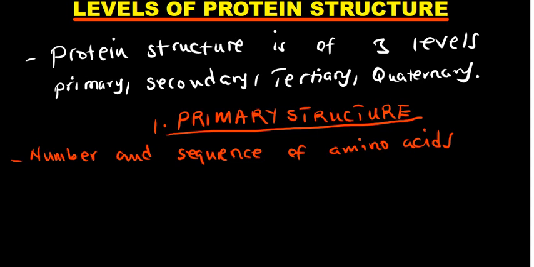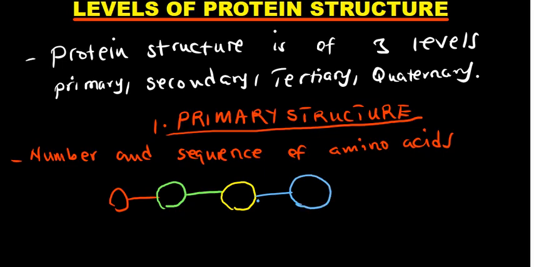So we can have this amino acid, then the next one is an amino acid, then we have a third one, the fourth one, and the fifth one.